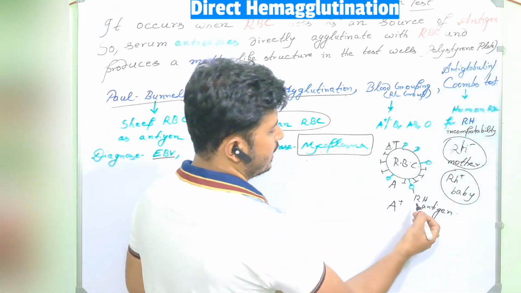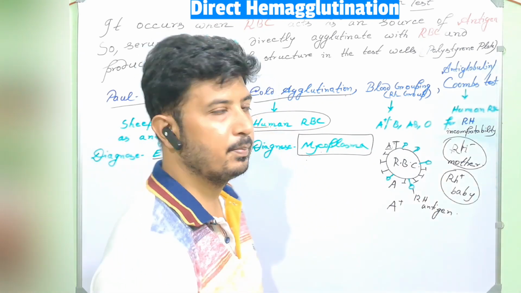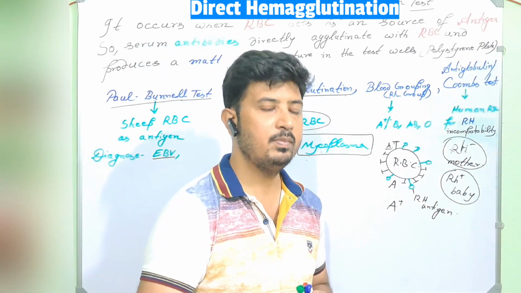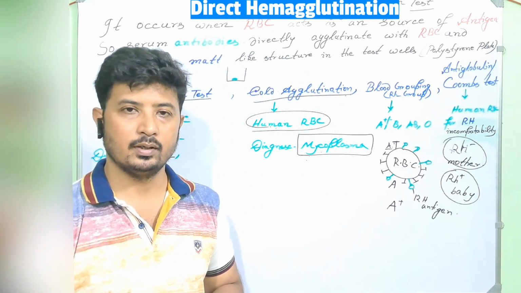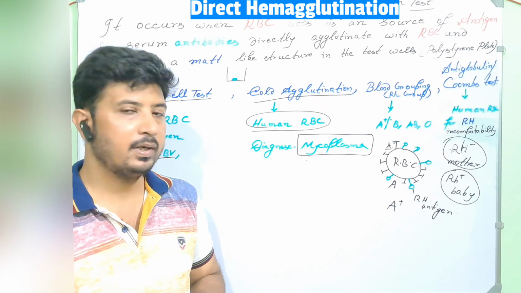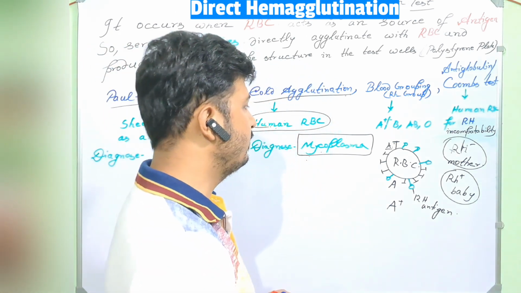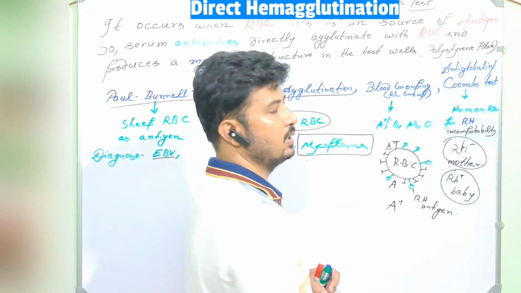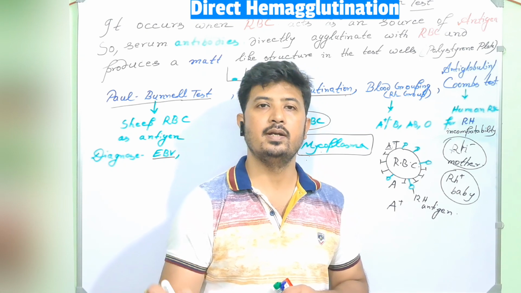So whenever there is an Rh antigen present on the surface of RBC, at that time the person is positive blood group. It may be A, it may be AB, O, or anything. If the Rh antigen is not present in the particular individual, at that time the person is negative.